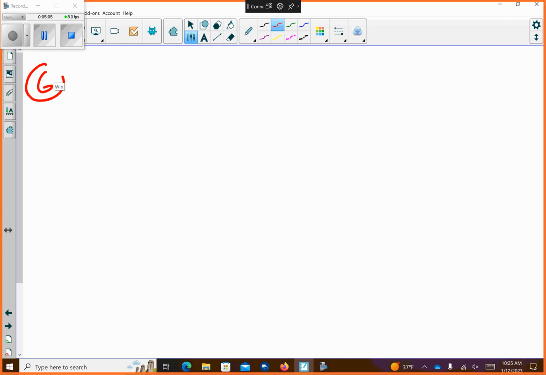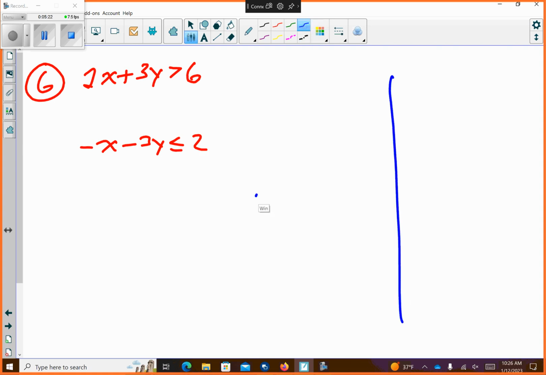Number 6. 2x plus 3y is greater than 6. Negative x minus 3y is less than or equal to 2. How are these ones set up to graph? Yeah, both the x and the y are on the same side, so I'm going to use the cover method.